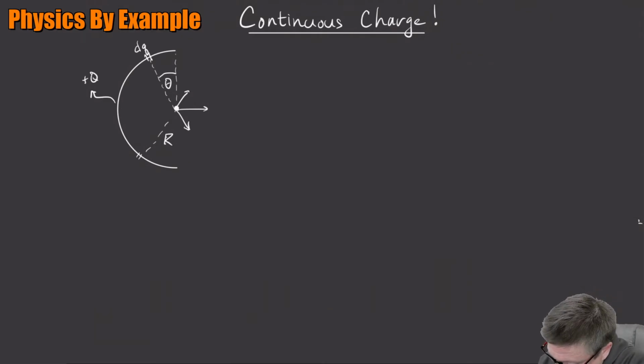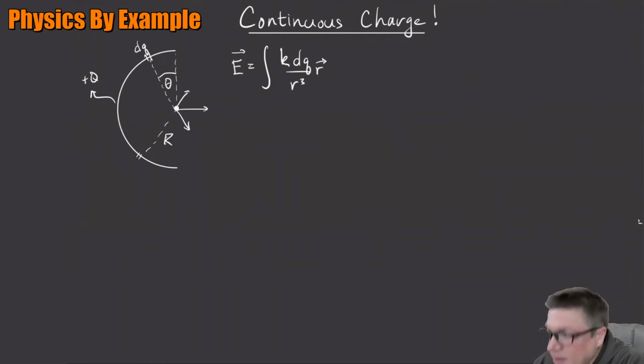And we already know how to start this. It's the integral of k dq over r cubed, r vector. We're going to sum up all those little bits of charge, integrating around a half circle, so we're going to go from 0 to pi.